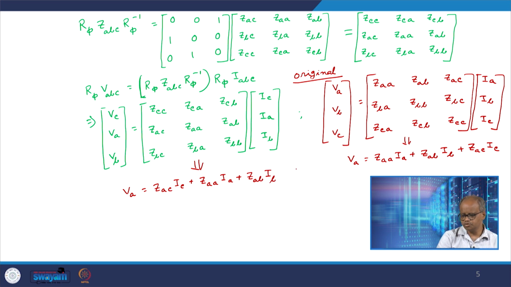So these two expressions of VA are identically the same, and that is what it should be, because ultimately the original relations should be maintained, and that is precisely what is maintained. The only effect of these rotational matrices is to shift the positions of the rows and the columns.